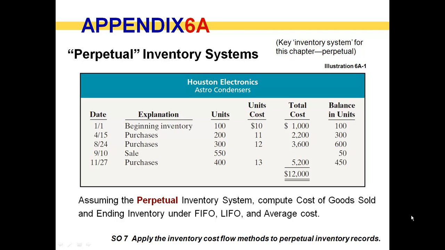If I add the available units, beginning inventory of 100, purchases of 200 in April, another 300 in August, and another 400 in November, we have a total of 1,000 available during the period. We sold the 550 on September 10th. That computes to the 450 remaining at the end of November.